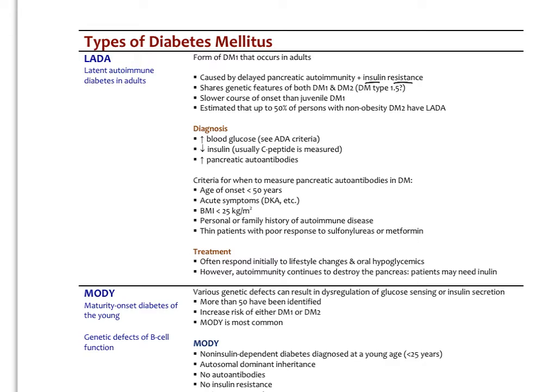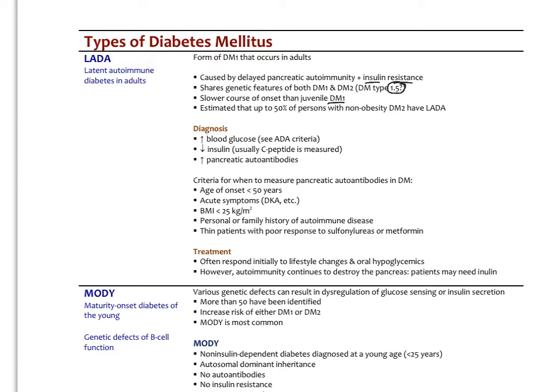This type shares genetic features of both type 1 and type 2, so some have referred to it as type 1.5 LADA. It's a slower course of onset than the typical juvenile onset type 1, so it's not going to be developing ketoacidosis and those kinds of things as quickly.